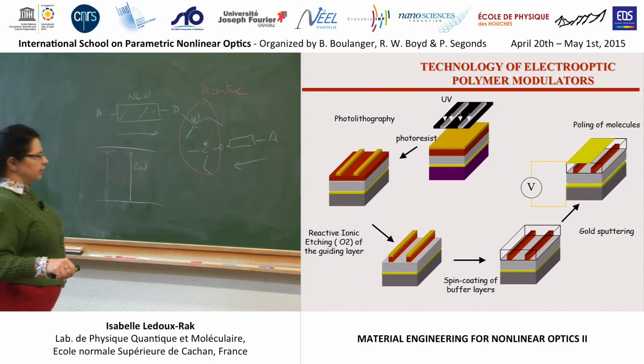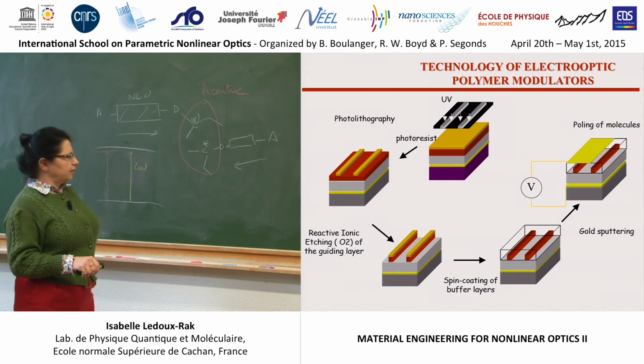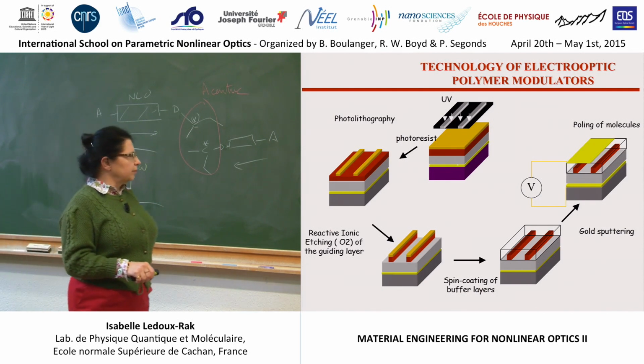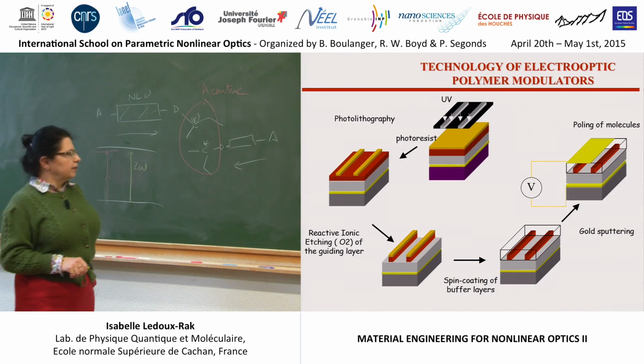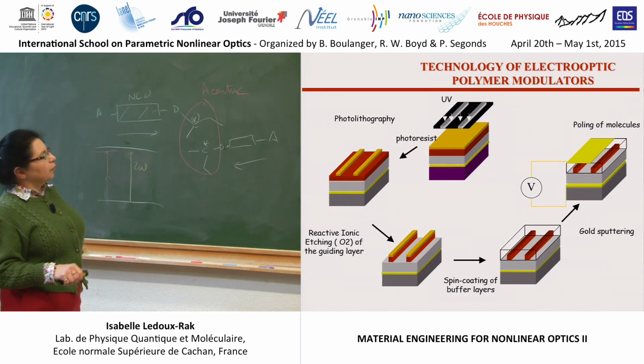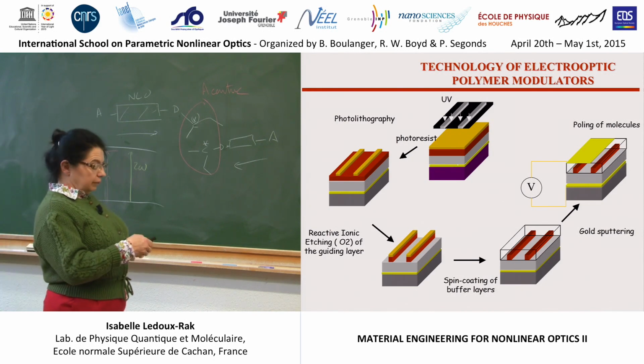So this is a system where you can see that the electrodes can be deposited vertically, so as to exert a vertical electric field, as compared to lithium niobate, where only horizontal fields could be used for poling or operation. So that is an additional degree of freedom.